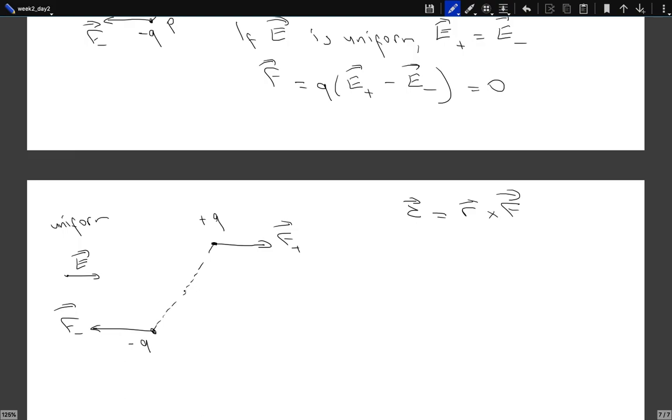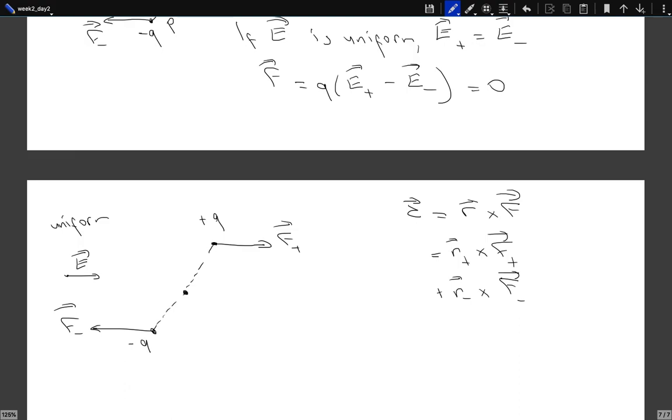Well, you can choose whichever point you like, but the center is a reasonable choice. So the total torque for my system will be R plus cross F plus, the force acting on the positive charge, and this is the position of the positive charge, plus R minus cross F minus, the force acting on the negative charge, and this is the position of the negative charge where the force is acting.